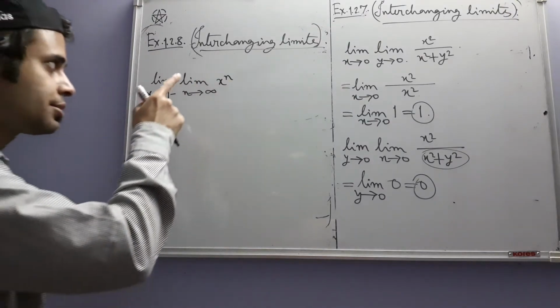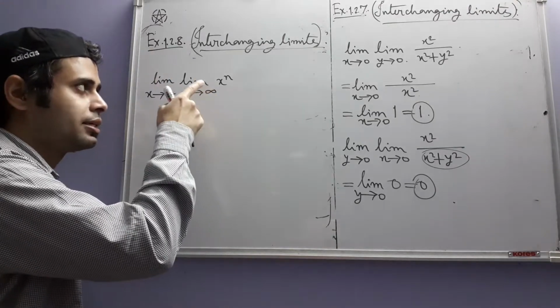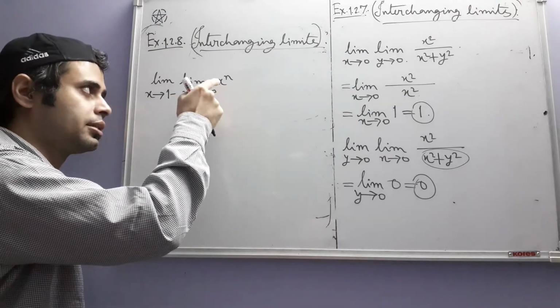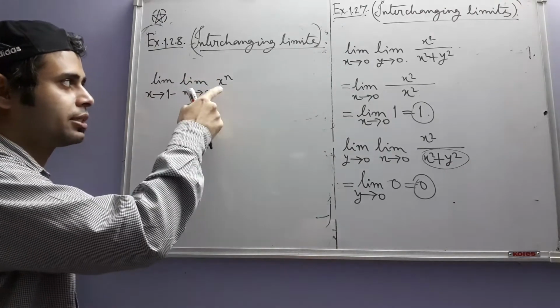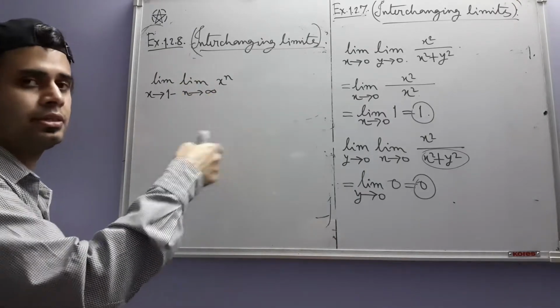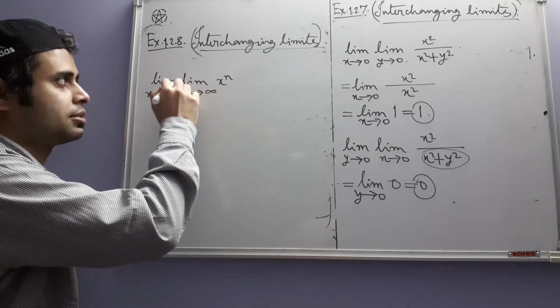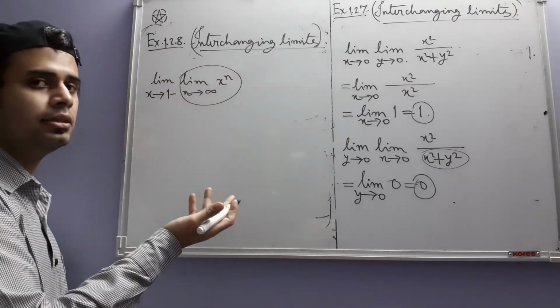We have a sequence, but it's not a fixed sequence of real numbers. Here there is a variable x, and depending on that x, the sequence will change its character. So before we find this limit, we have to think of what x is.